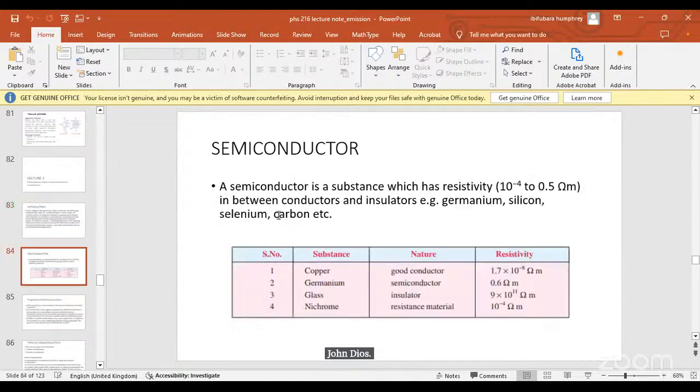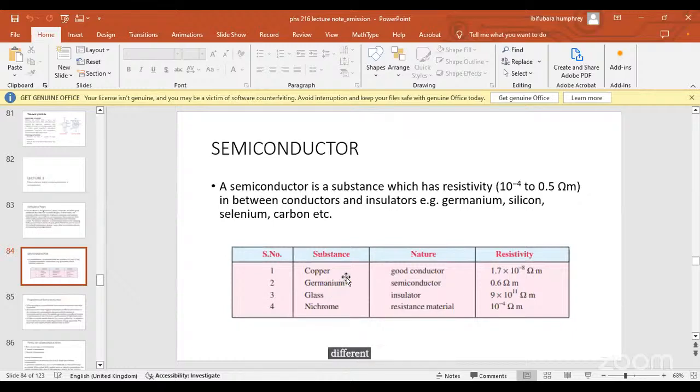Now, a semiconductor is a substance which has resistivity of 10⁻⁴ to 0.5 ohm meter. So here we have the conductivity of different materials.